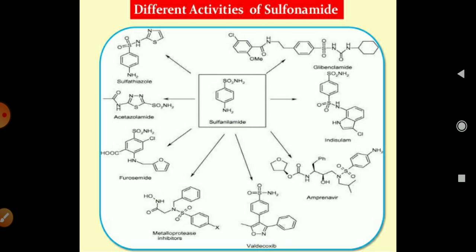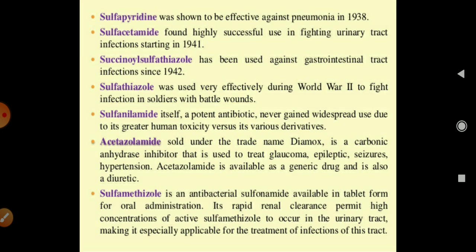So these are some different activities of sulfonamide, and sulfonamide is used to give sulfathiazole, acetazolamide, furosemide, methylprednisolone, and many more compounds. Sulfapyridine was shown to be an effective agent in pneumonia in 1938.